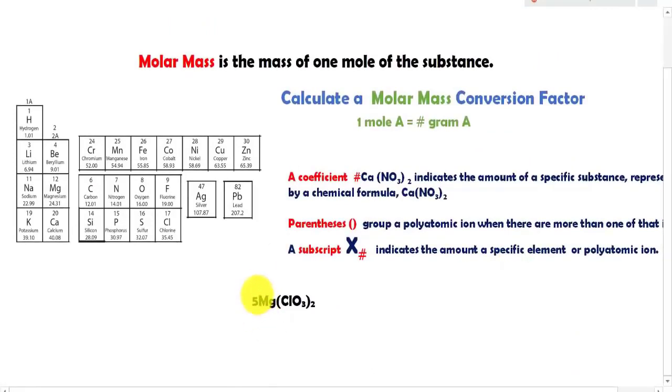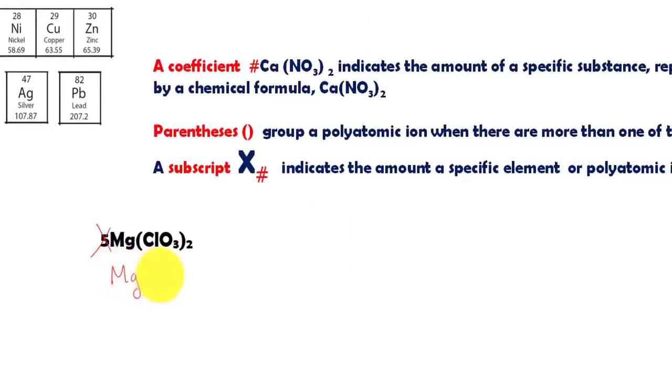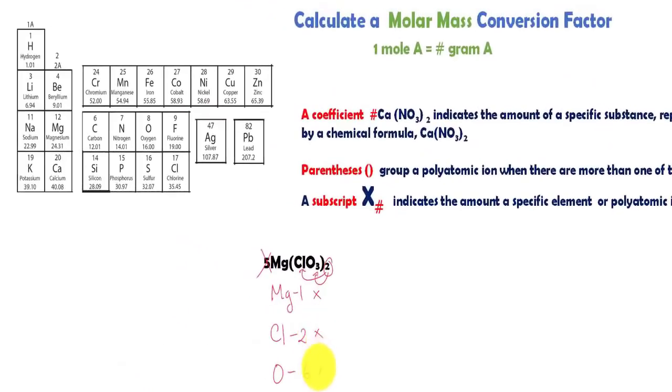Again, we can ignore the coefficient. In this case, Mg is just 1. Then Cl, because of that 2 right there, indicates 2 of Cl, so we have 2 Cl. But what about the O? The oxygen, 2 of 3, gives us 6 oxygen. Now let's go find the total mass for each element. Mg, 24.31. Chlorine, 35.45.